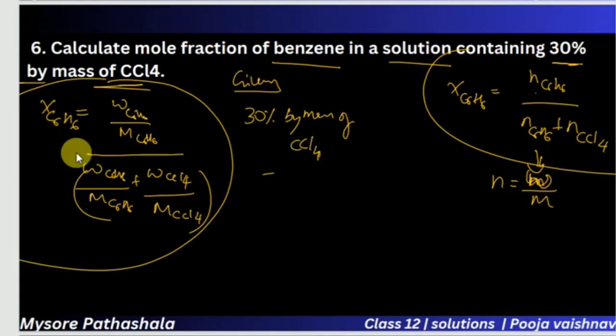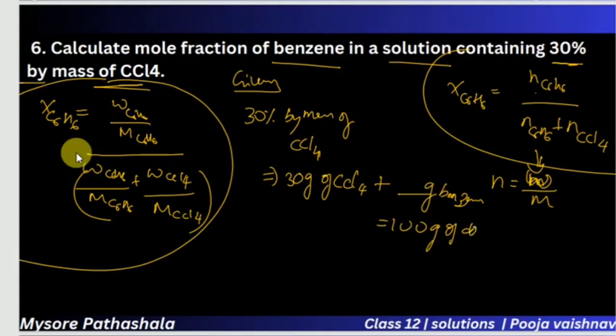It means 30 gram of CCl4 plus blank gram of benzene gives me 100 gram of solution.